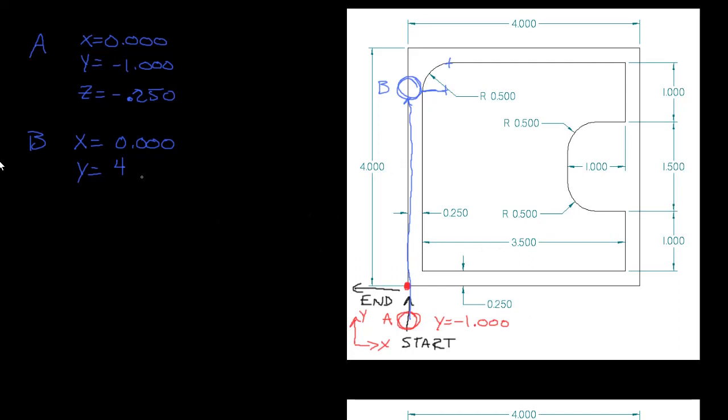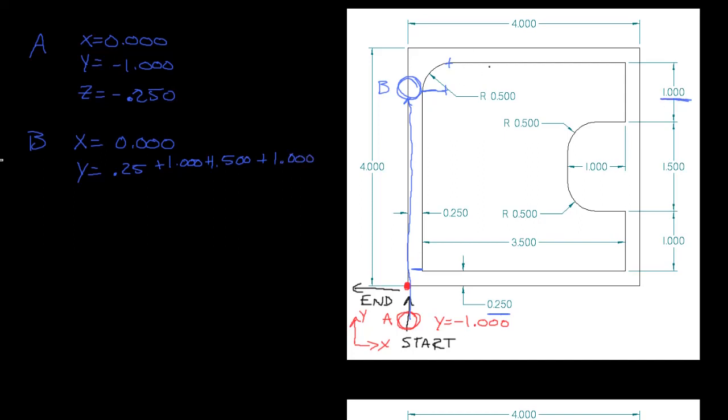So I know that I have this 0.25 here. So I know the cutter comes to 0.25 to this point right here. And then I know that it'll go up 1 inch, and it will go up another 1.5 inches. And then I'll add in another inch from this dimension right here.